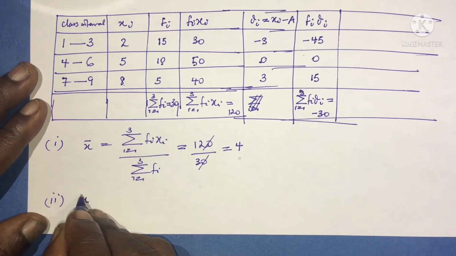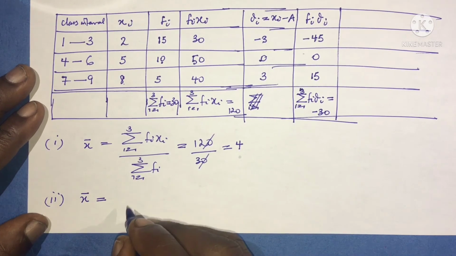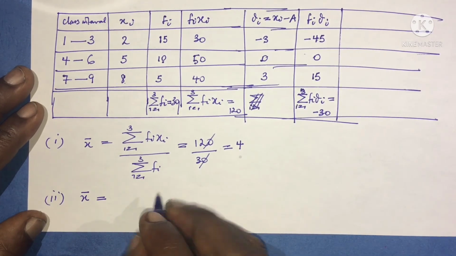What did we get for the assumed mean method?